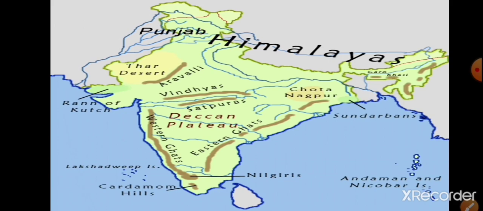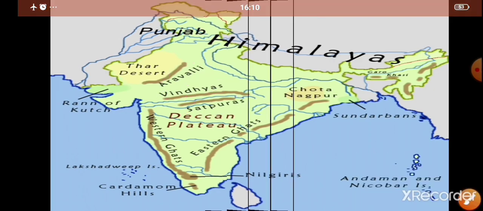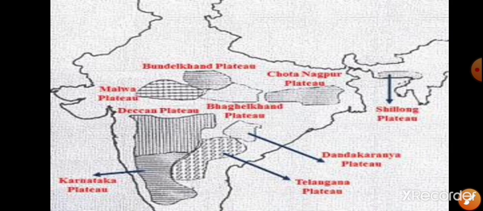Students, have a look at this map. Here, the Vindhyan range is bounded by the Satpura range on the south and the Aravalis on the northwest. The eastward extensions of this plateau are locally known as the Bundelkhand.